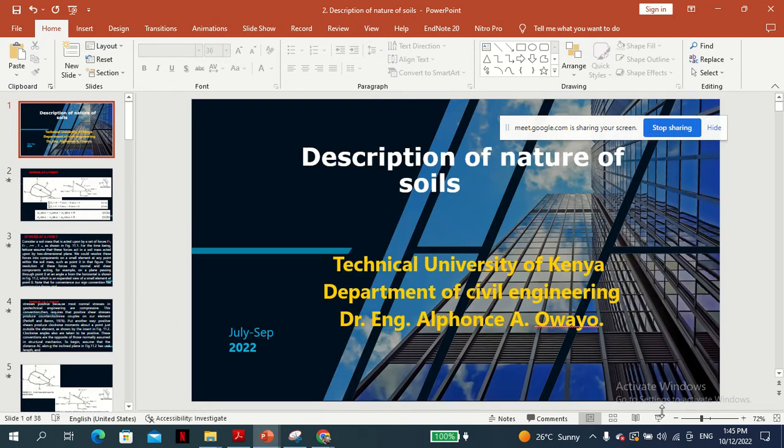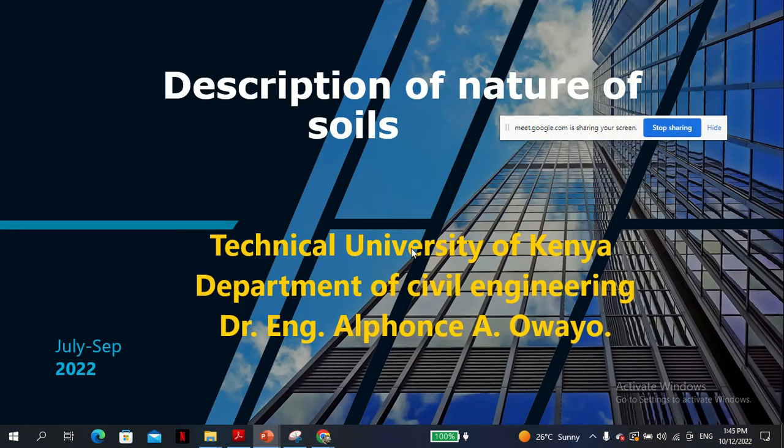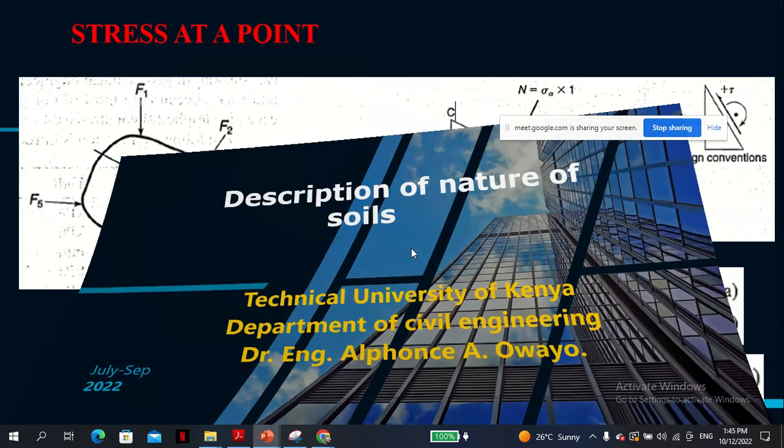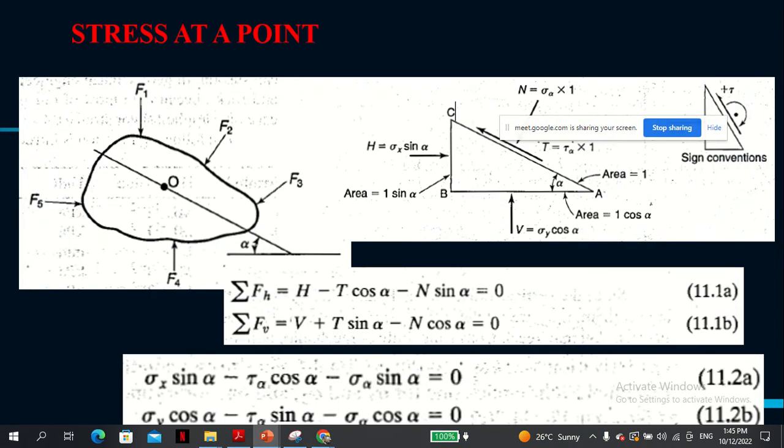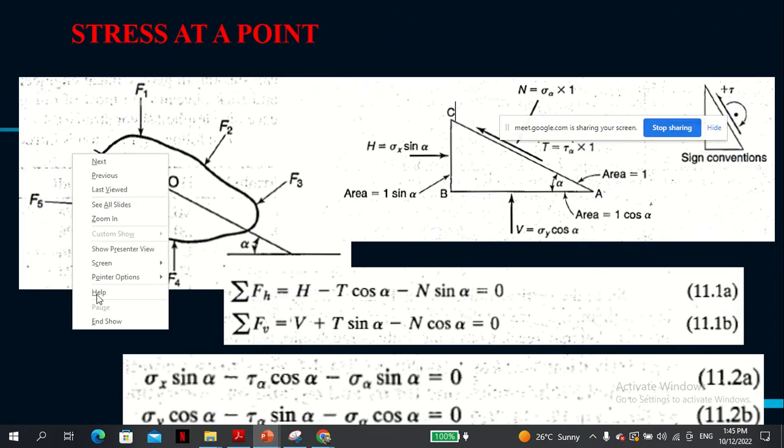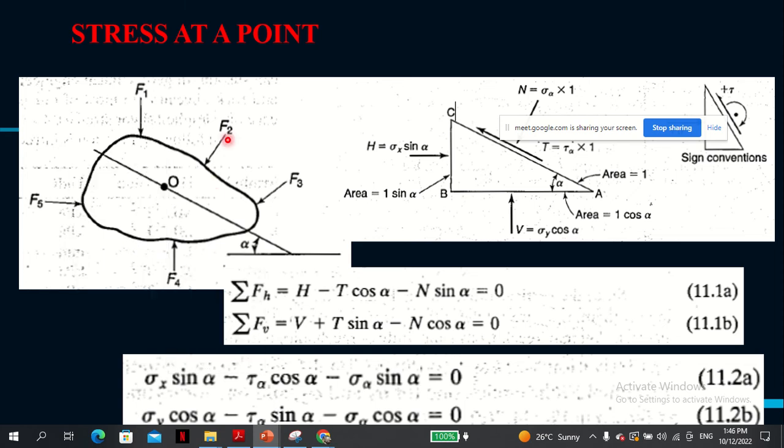So imagine some mass of soil as shown. I use some pointer. So consider a mass of soil with forces F1, F2, F3, F4, and F5.